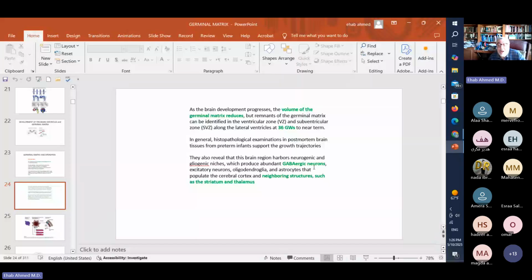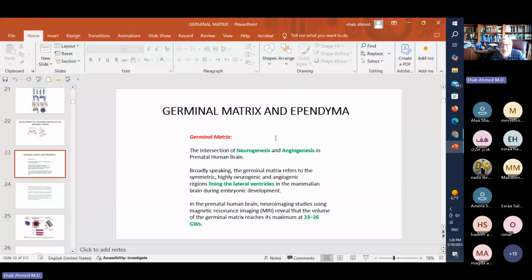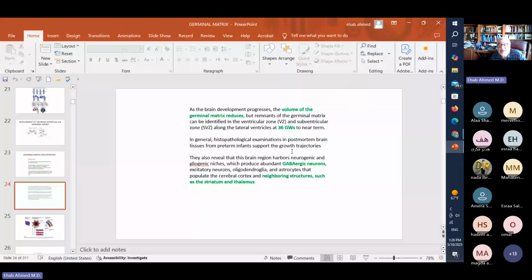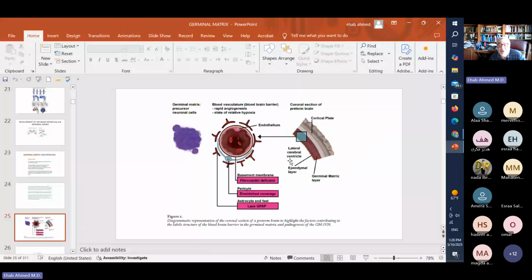Okay? Of course, this process of neurogenesis and angiogenesis is associated with a lot of underlying cellular mechanisms, mediators, interleukins, whatever, but we are not going to discuss these details because it's a big issue.